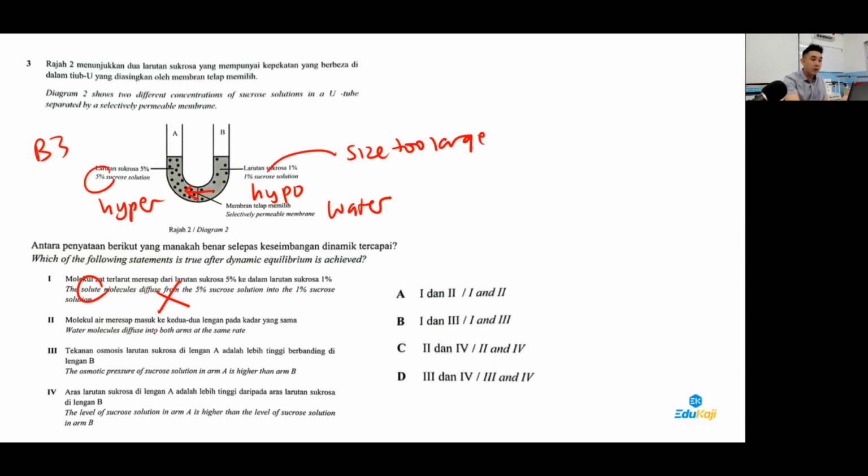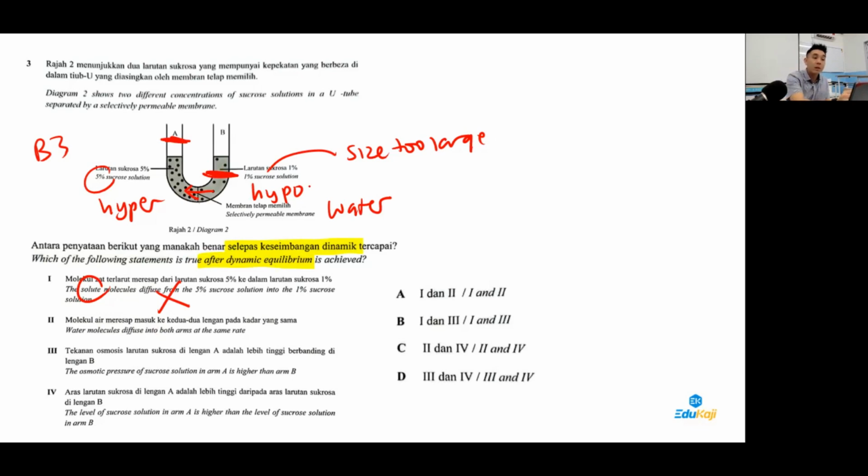Water diffuses. Guys, please take note of this. I'm going to highlight this. This is the part they always try to catch you. After dynamic equilibrium, selepas keseimbangan dinamik, meaning after they have settled down, you should have a higher level here while the other is a lower level.